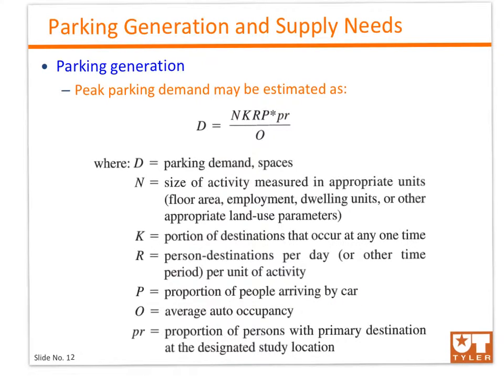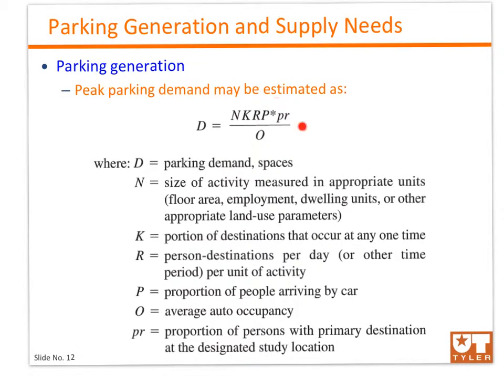In many cases when it comes to stadiums or activity centers, many people may come with buses or with other means of transportation. So we need to know the proportion of the people that will be arriving by their own cars. O is the average auto occupancy, so how many people typically come within one car. Again, this is the occupancy definition.